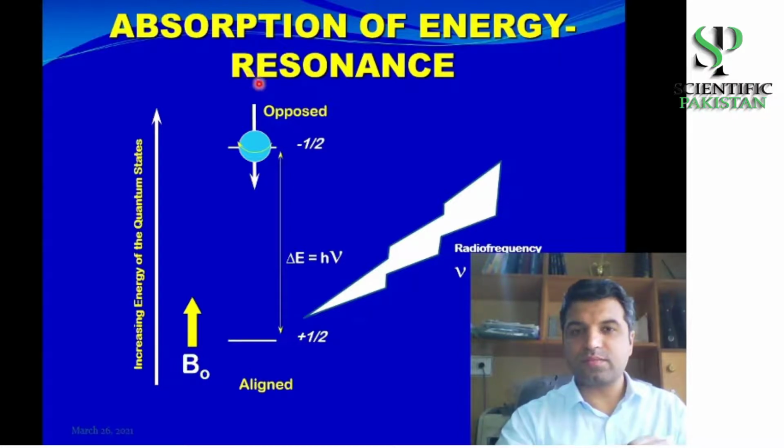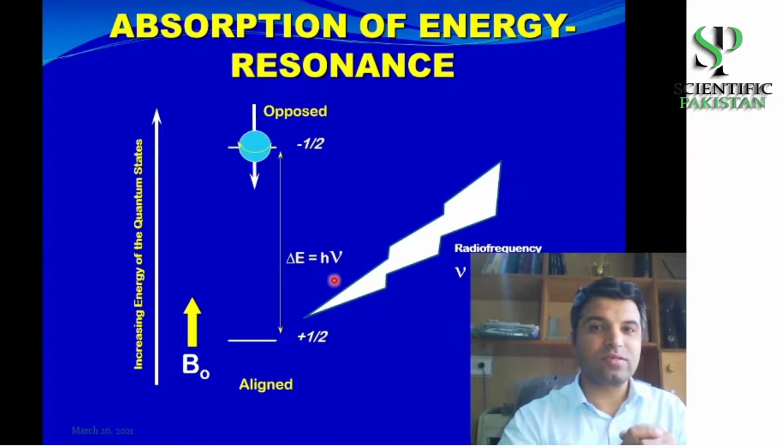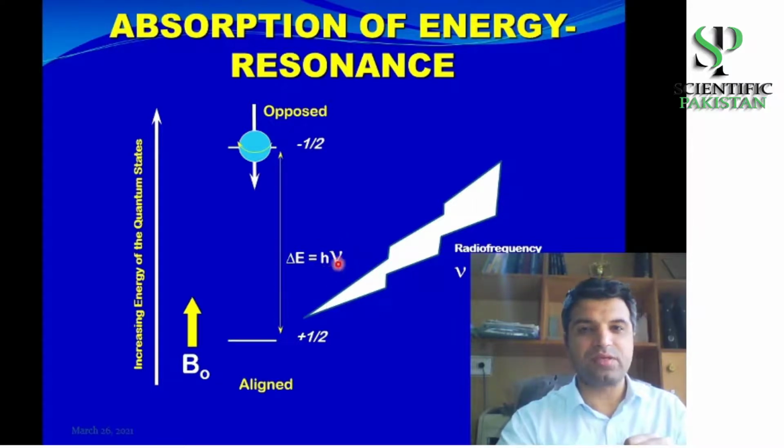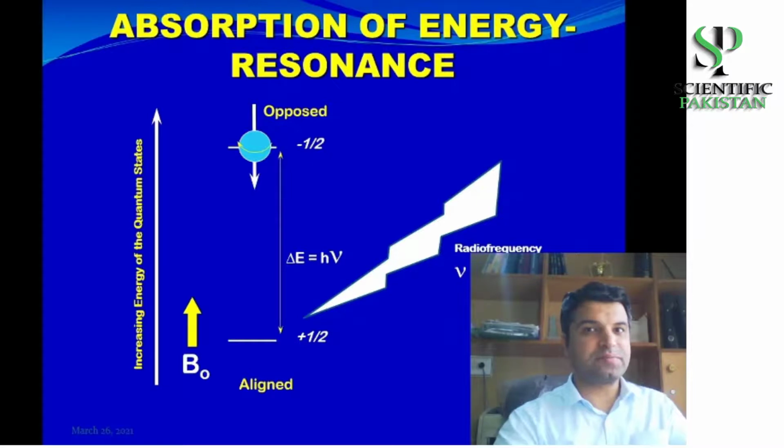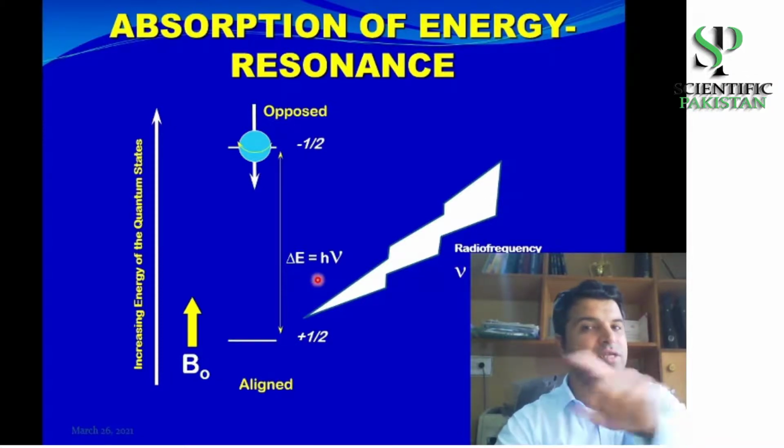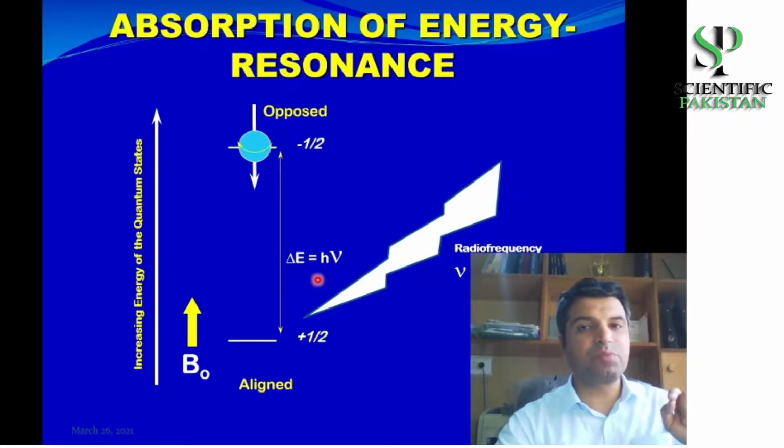Now, which frequency should you provide? You have the equation here: del E is equal to h mu. H is Planck's constant. Mu is the frequency. So del E is directly proportional to frequency. Now this mu shows the radio frequency. So we have another relationship, and this time the relationship is between the radio frequency and del E. And you already know that del E is directly proportional to B0.